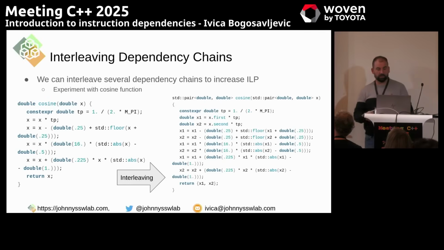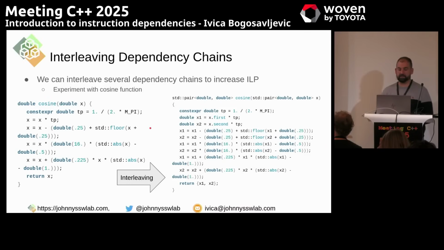Okay, so here is an example of interleaving dependency chains, and this is probably the simplest technique. I have this cosine function, which originally had a really big dependency chain from beginning to end. And now I have a cosine function which accepts not one double, but two doubles, and returns two results. What was originally one statement is now two.